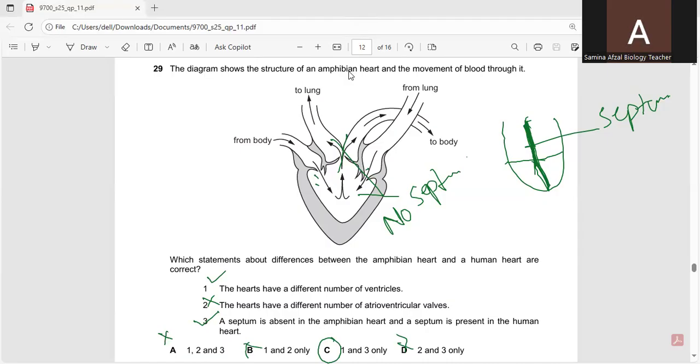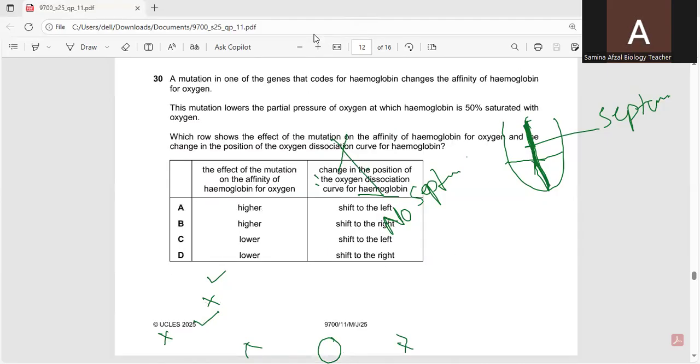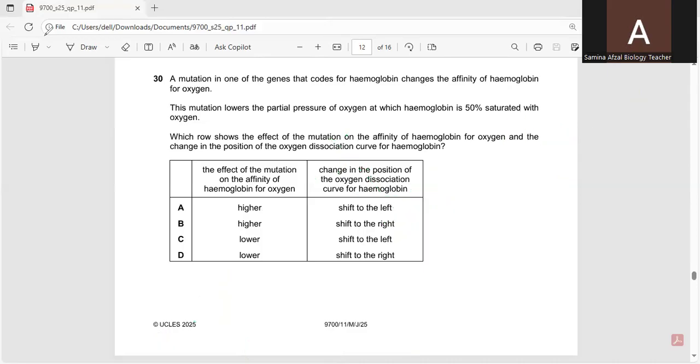Now we are moving towards question number 30. A mutation in one of the genes that codes for hemoglobin changes the affinity of hemoglobin for oxygen.